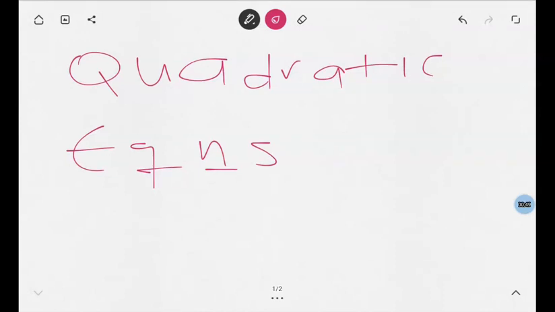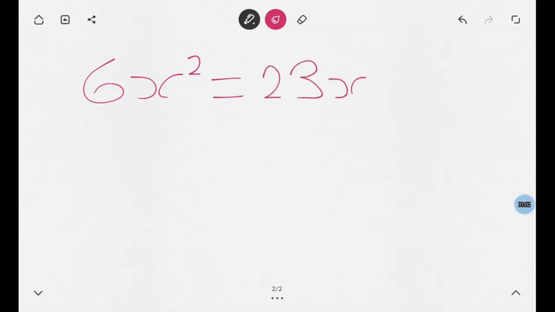Let's take, for instance, you are given the question 6x squared is equal to 23x plus 55. This is our question, and as you can see, this is a quadratic equation because of the square here.